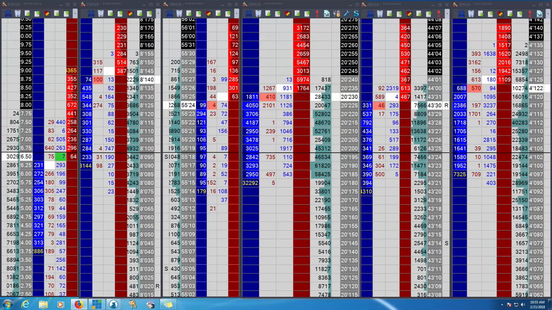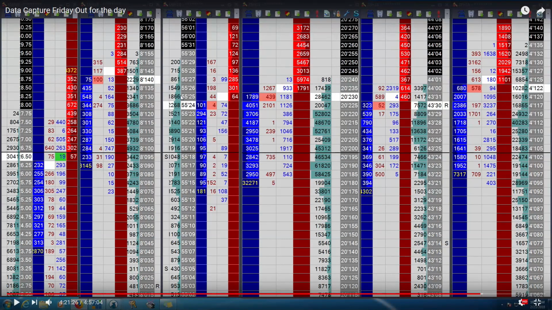The TN is obviously weaker. The TN is weaker. UB's way down. CB's down a little bit. 5 is down. We're at this profile peak here on the 10.